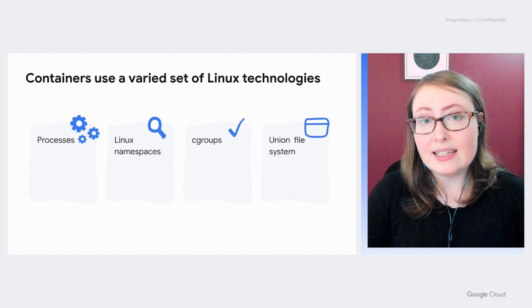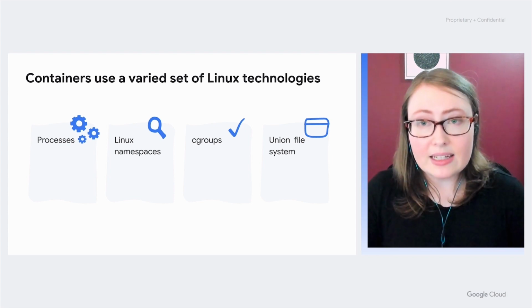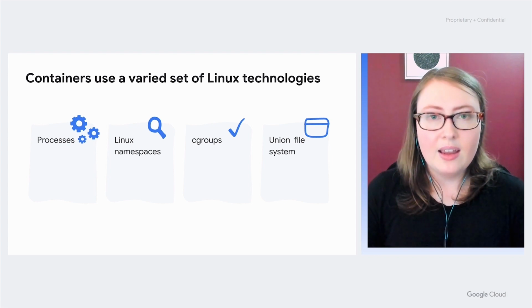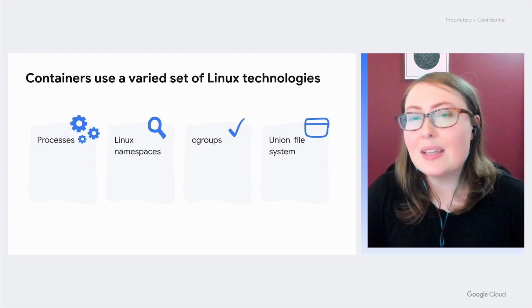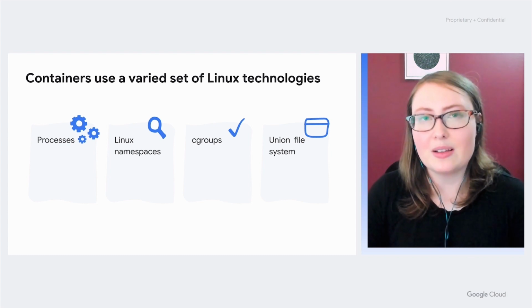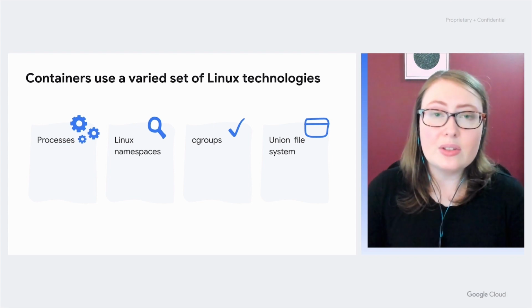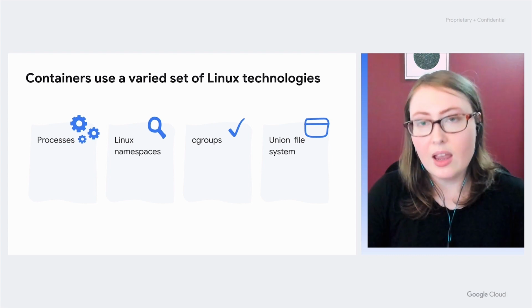Containers use Linux namespaces to control what an application can see: process ID numbers, directory trees, IP addresses, and more. And by the way, Linux namespaces are not the same thing as Kubernetes namespaces, which we'll teach you about a little bit later in this course. Containers use Linux cgroups to control what an application can use.